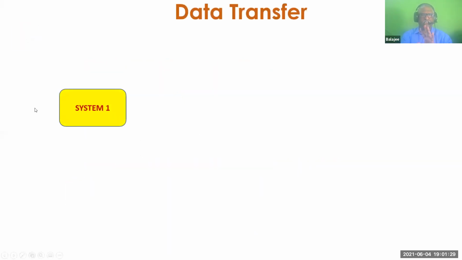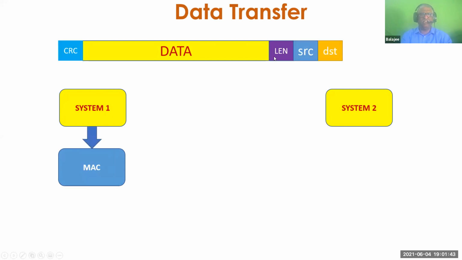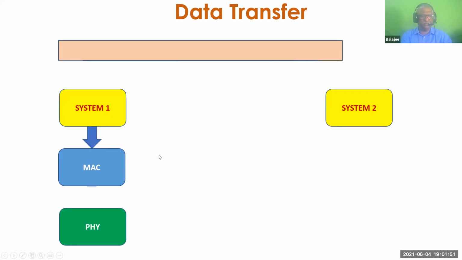We have discussed how the data transfer happens. We have system 1 and system 2. System 1 wants to give data to system 2, but it goes through MAC. What MAC does is add the length, destination, source, and CRC. Then it makes it into information and gives it to the physical layer.